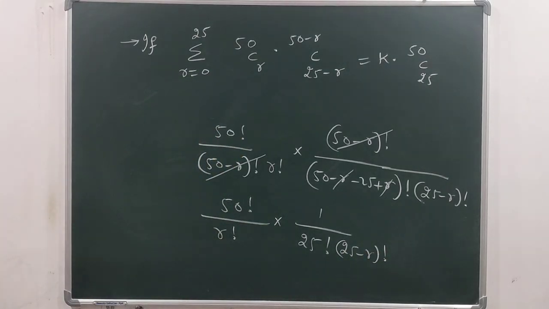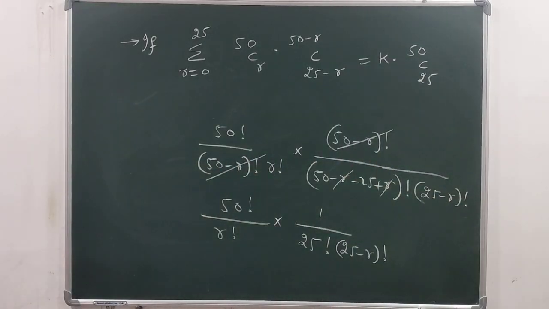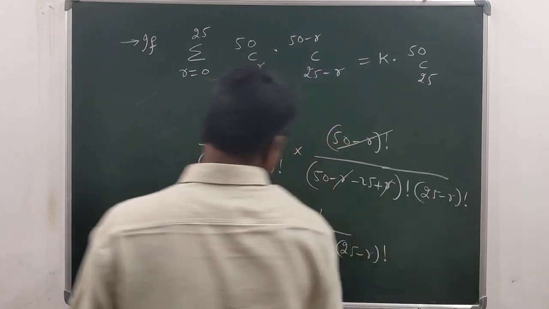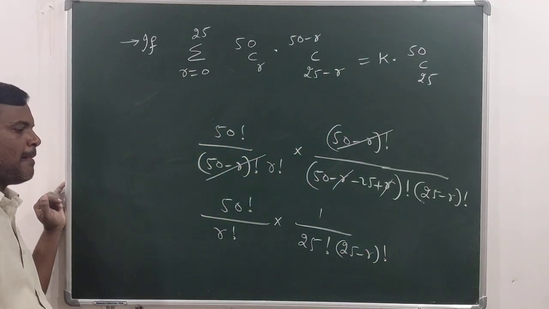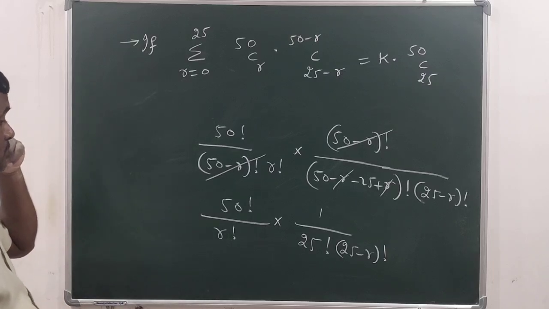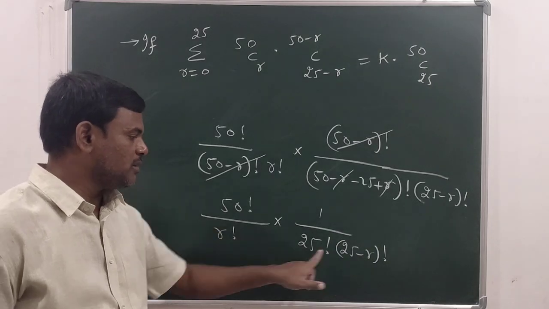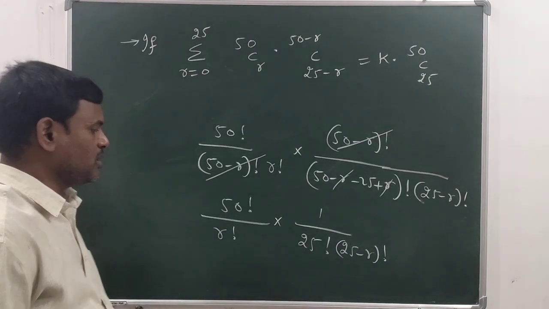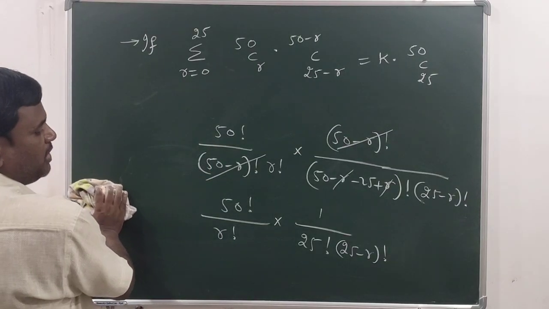Now this, students, I am going to split as 50 factorial by r factorial into (25 minus r) factorial, and 25 factorial is given. I hope you have understood till here.